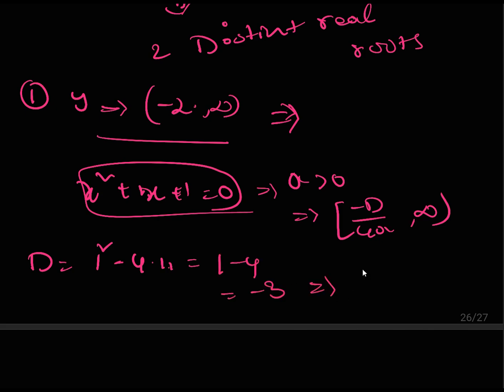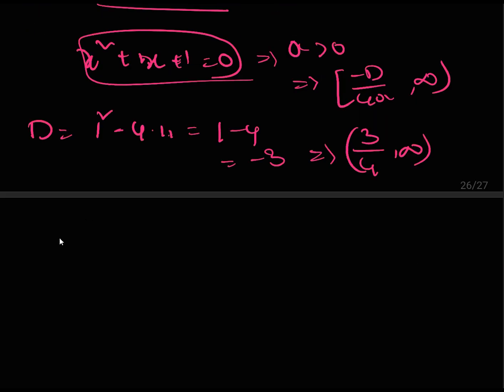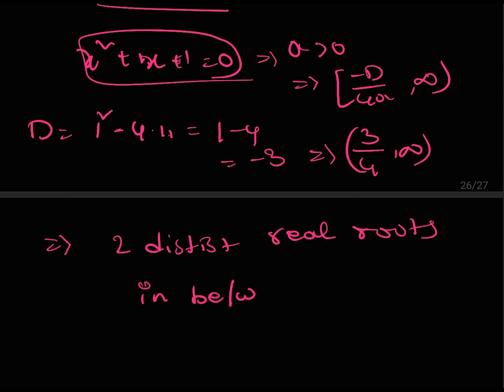Therefore, the range will be 3 by 4 to infinity. That means we need two distinct real roots in between 3 by 4 to infinity.